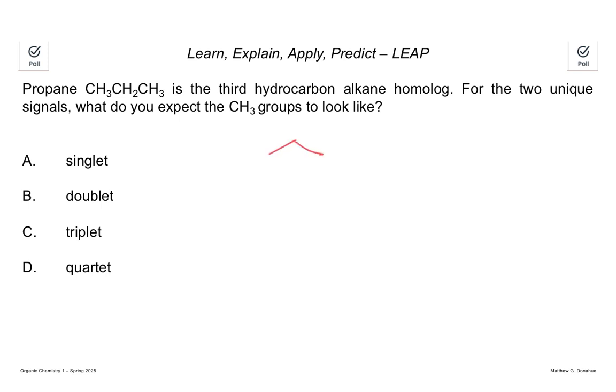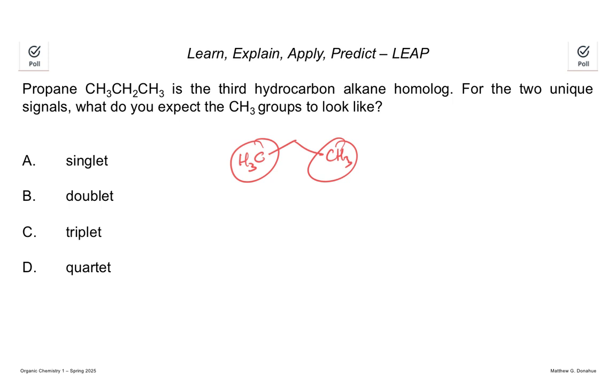So for the 2 unique signals, what do you expect the CH3 groups to look like? So those groups, they're equivalent. So their integration would be 6.